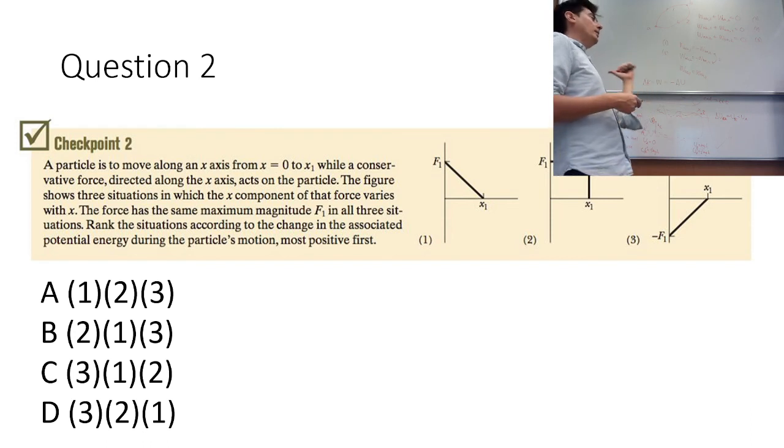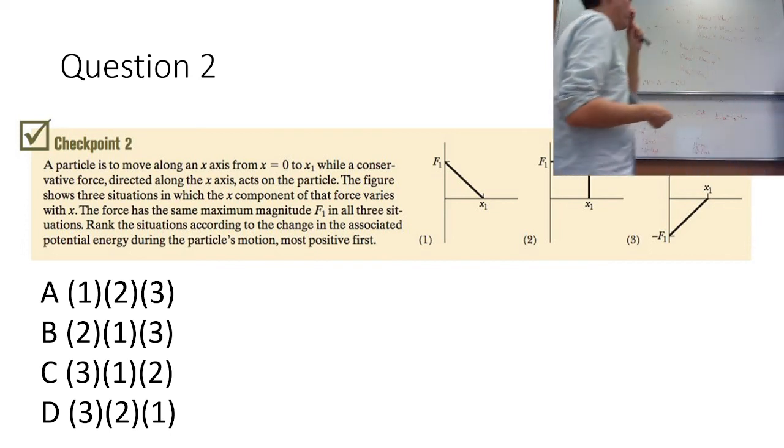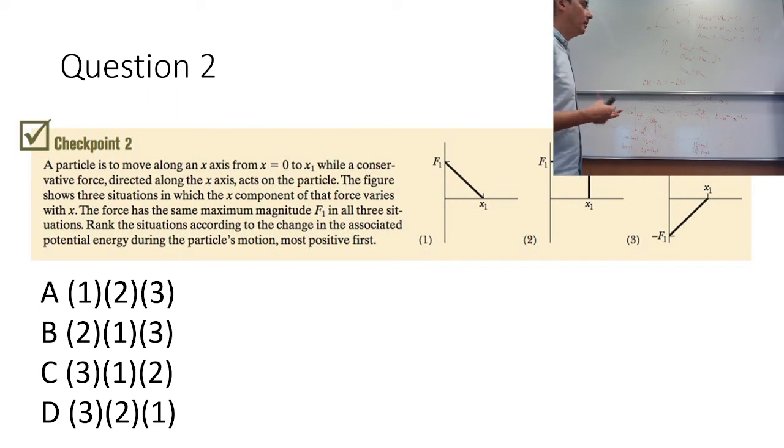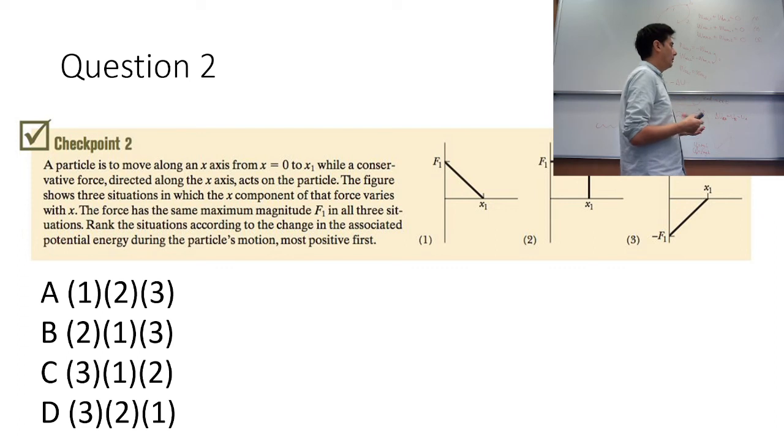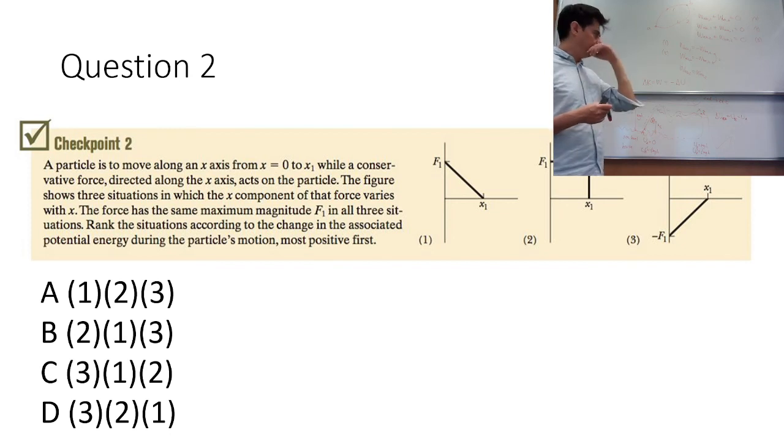And here, this one, the force is actually in the opposite direction, but then again weakens as you get to the final position. So which one would have the largest potential energy change? Most positive first, the largest positive potential energy change.